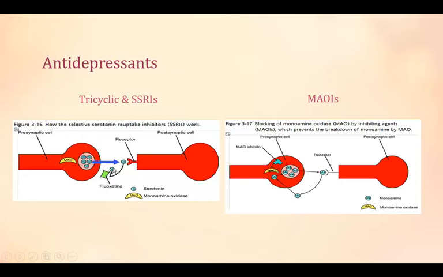So it keeps it in this synapse area here so it can be reutilized. So that's the difference there between the blocking of tricyclics and the inhibition of the reuptake that you see with SSRIs and SNRIs.